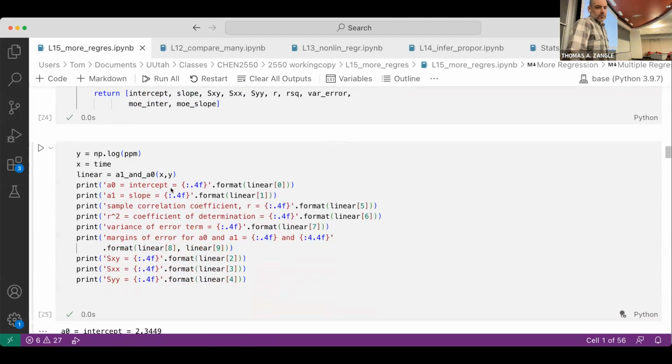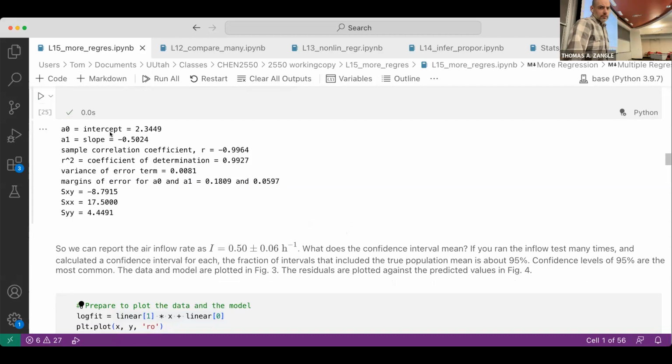And when we run that, this block of code is pretty much exactly what we saw in lecture 4. The difference is that now our y is just the log of the ppm data instead of the ppm data on its own. So when we run it, we end up with a value for intercept and slope. But importantly, if we look at our R squared, we see a really high R squared value of 0.99.